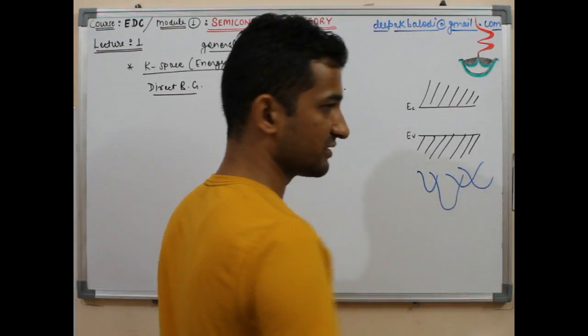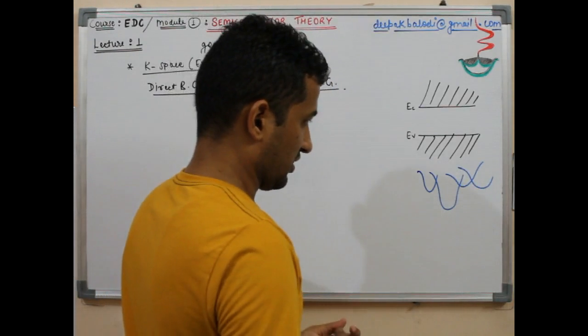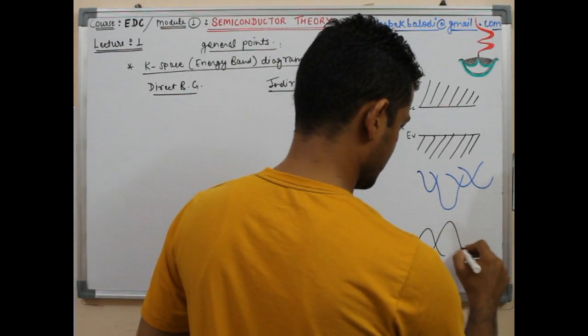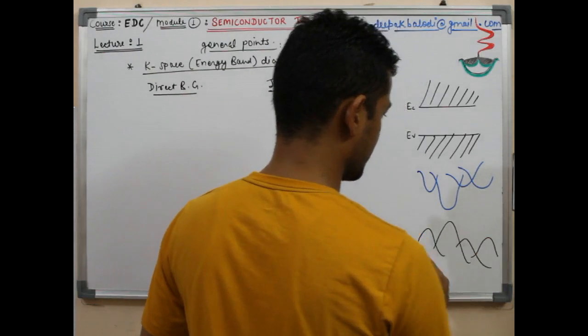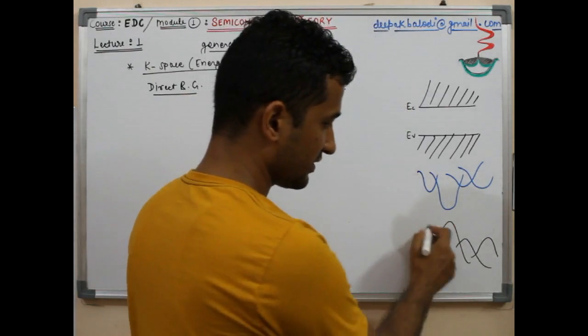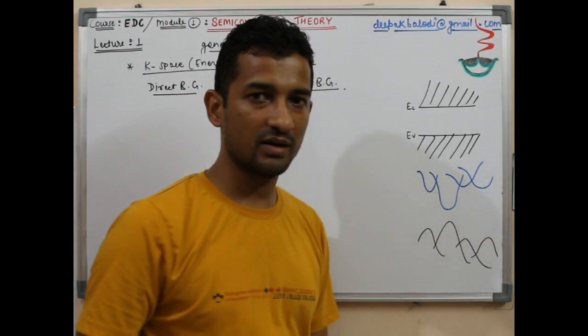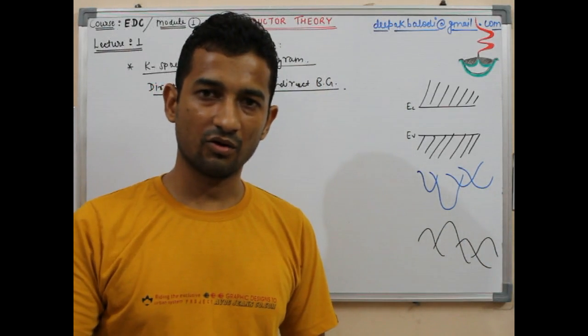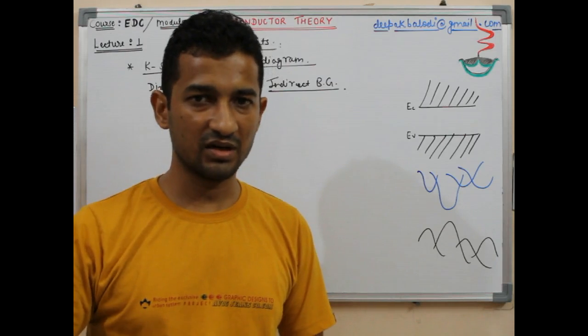So there are different zones of bands like this. All these zones depend upon the energy experienced by the electron which moves within the crystalline material.